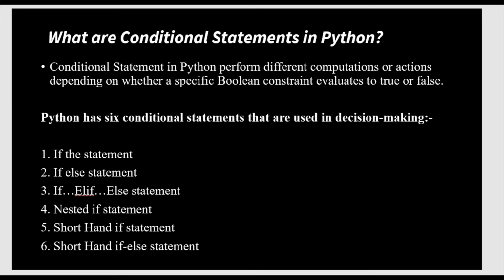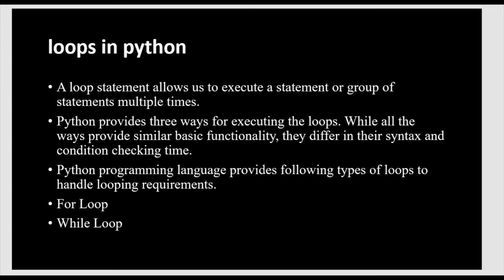And the next one, we can move towards loops. Python loops. Loops in Python. A loop statement allows us to execute a statement or a group of statements multiple times. It means loop means continuously rotating. This type of loop is executed only when the given condition is true.